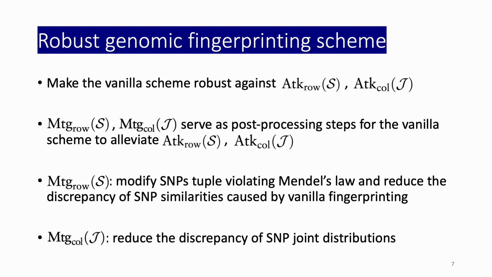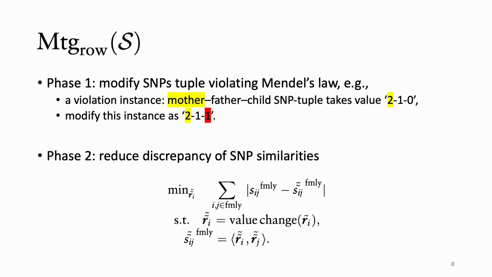Similarly, the column-wise mitigation technique also reduces the discrepancy of SNP joint distributions caused by the insertion of the vanilla fingerprint.